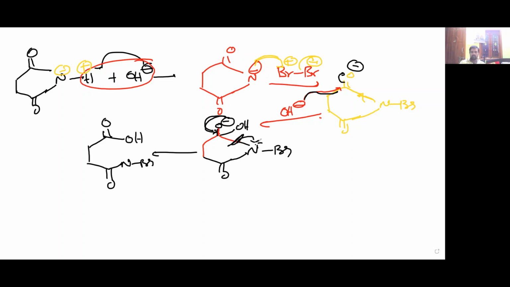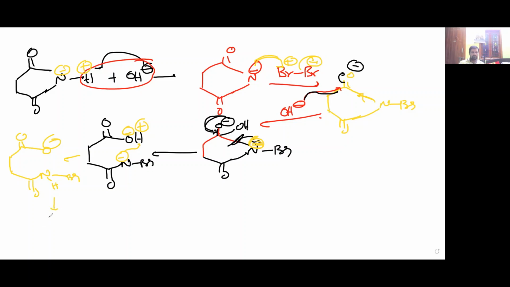Again here the nitrogen is connected. What is the charge? Here nitrogen has negative charge. So this is acid. Please keep remember, this is acid. So H plus is abstracted. Then COO minus, here NHBr. As usual, this is the same thing.